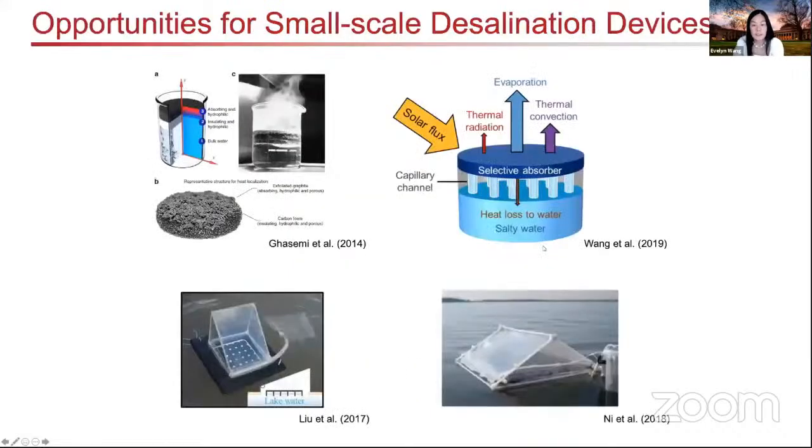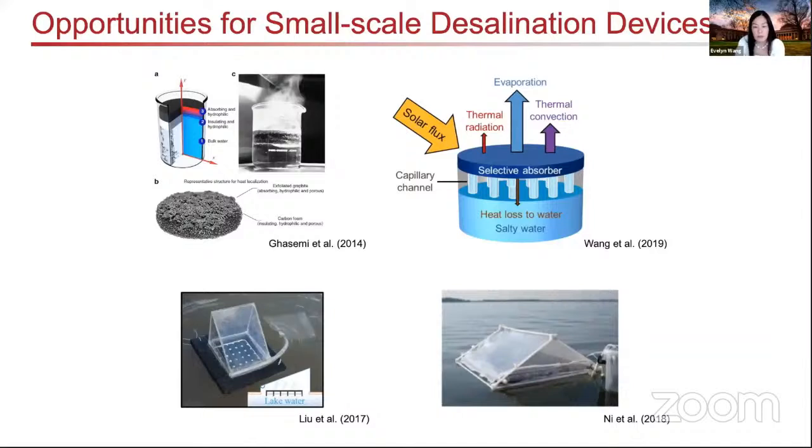Certainly, also in often arid climates, there can be salty streams of water, and we can take advantage of small-scale desalination devices that can facilitate the access of this salty water to clean water via evaporation and condensation.